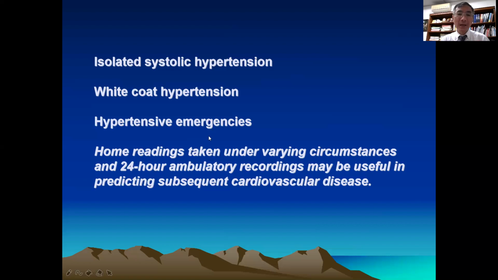Otherwise, the patient can die. It is the elevation that causes severe immediate organ damage. That is malignant hypertension. That is a hypertensive emergency.